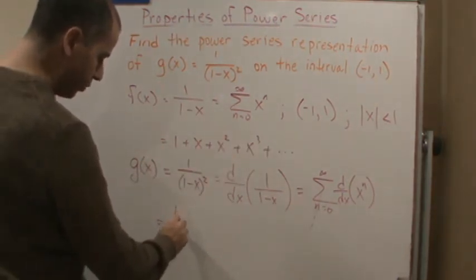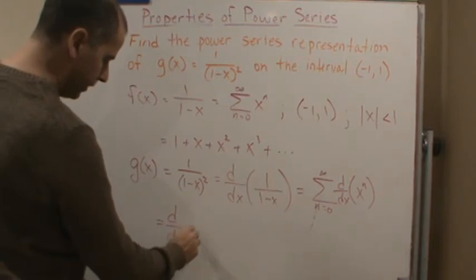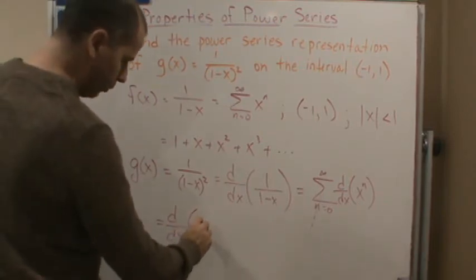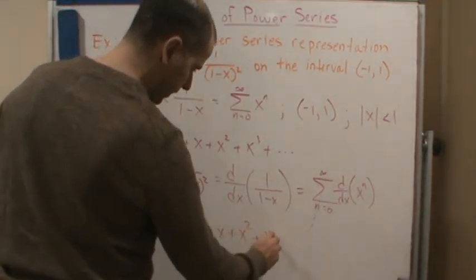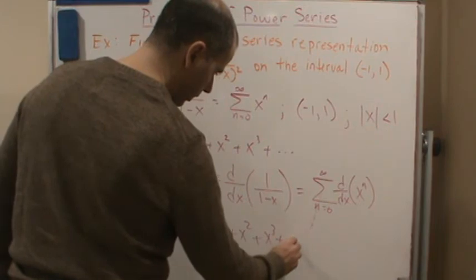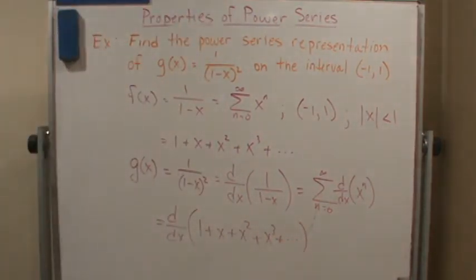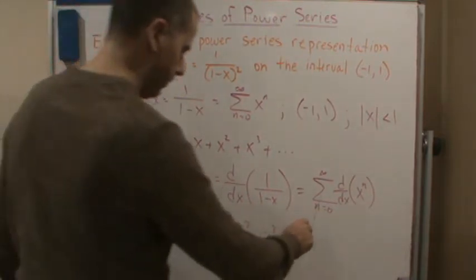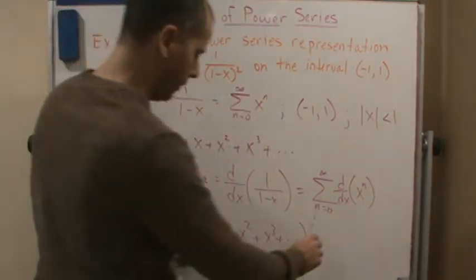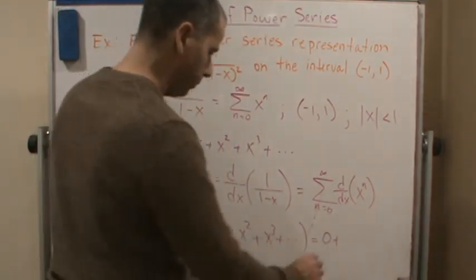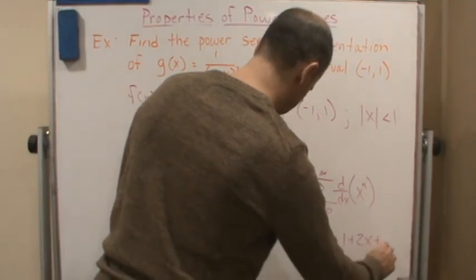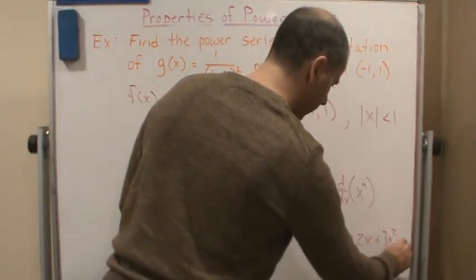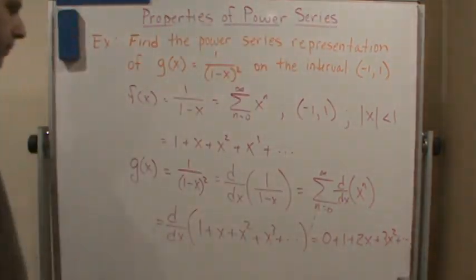So this is just the derivative with respect to x of 1 plus x plus x squared plus x cubed, and so on. And then we take the derivative term by term, and what happens? It becomes 0 plus 1 plus 2x plus 3x squared plus, and so on.